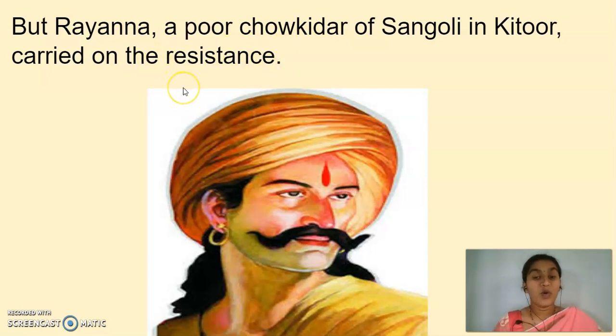Okay, even about this Sangoli Rayanna, recently in Kannada, there is a big hit movie. The movie name itself is Sangoli Rayanna. You can see that movie and understand how they were fighting against the British, how the resistance activities were carried out, all that you can see, children.